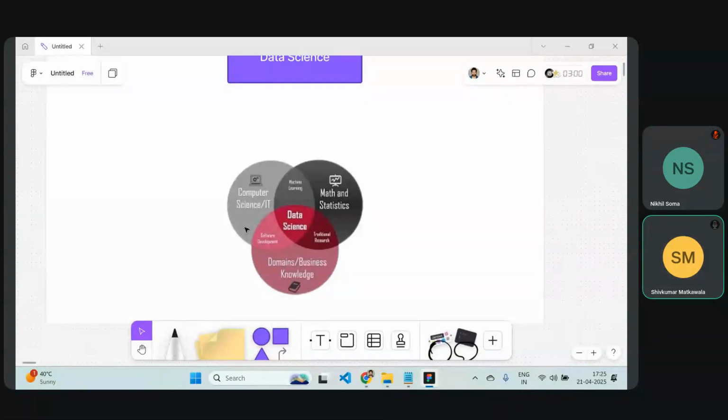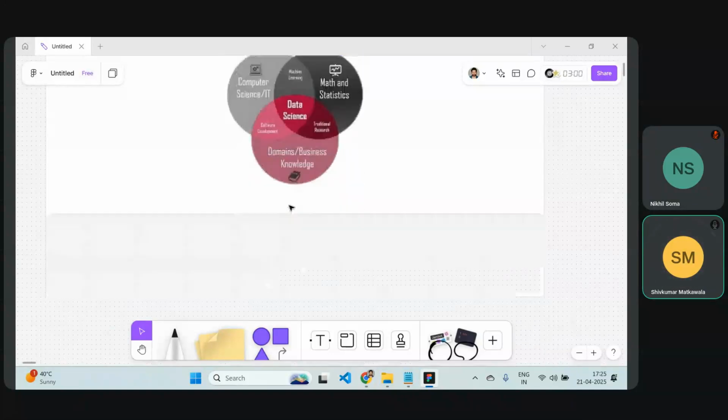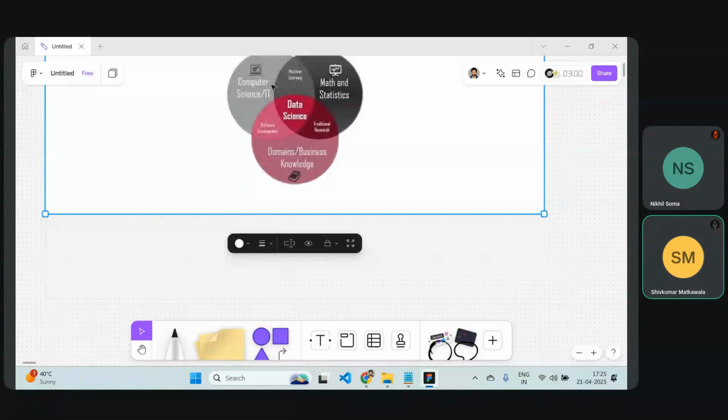Yes, in this field, other experts are also required who don't have much knowledge about mathematics, and I will be talking about that. So the first part is computer science, the second is mathematics and statistics. Statistics is also a branch of mathematics.